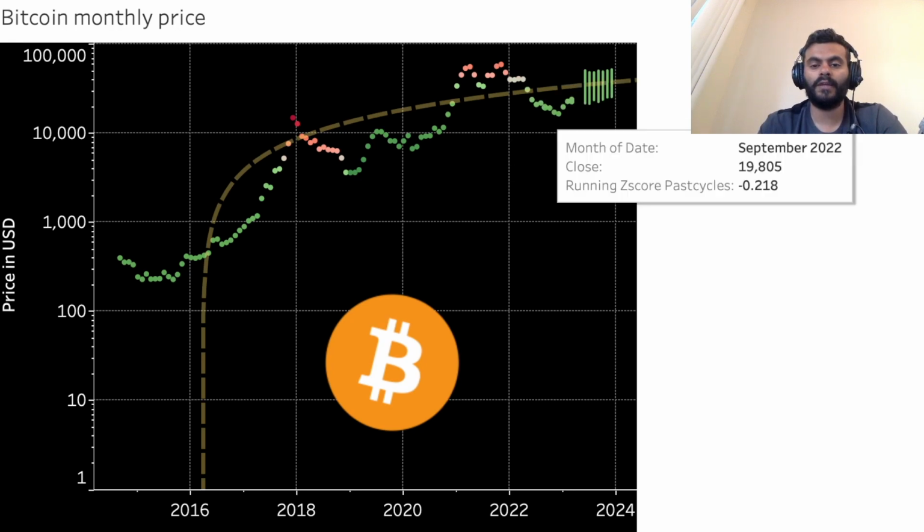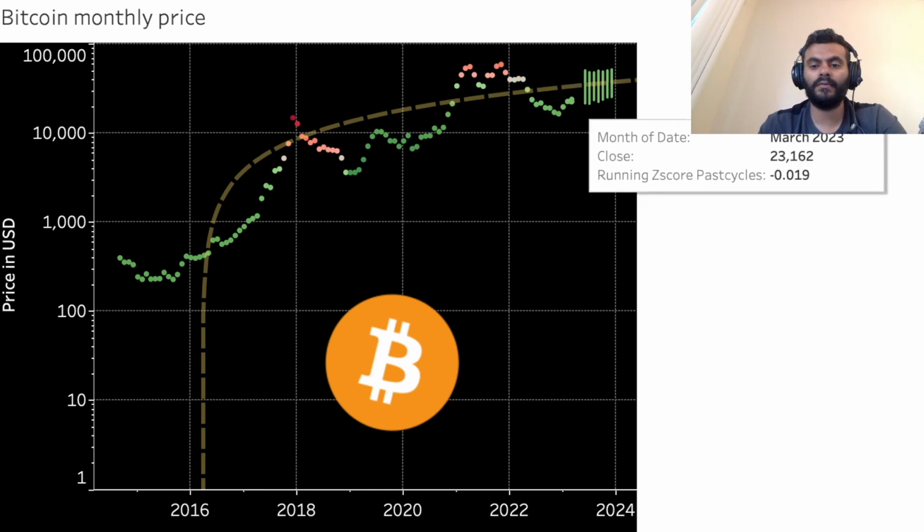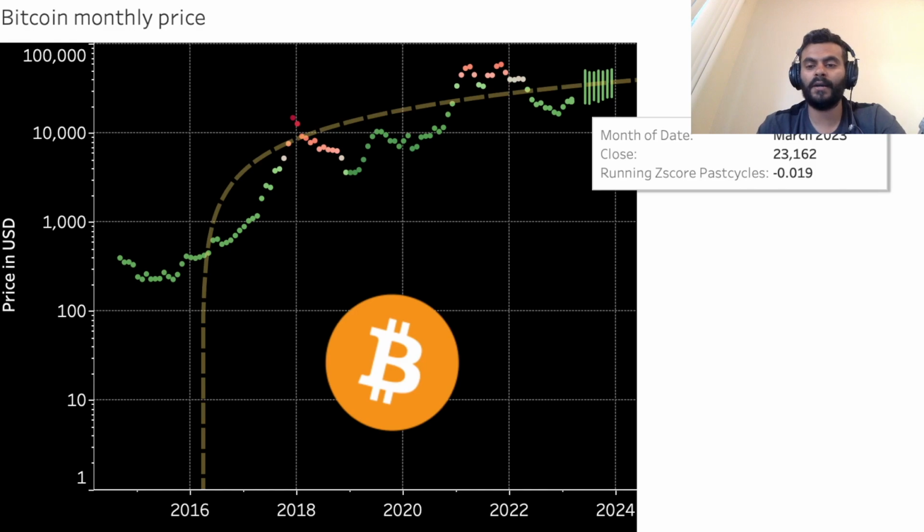So now where are we? Let's consider March of 2023 as an example. We are right now slightly negative compared to the past cycle, which I think started in January 2019.